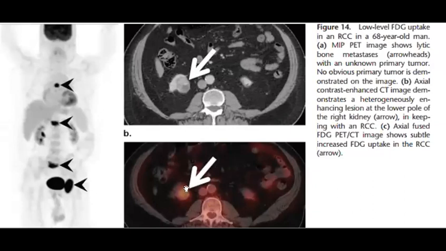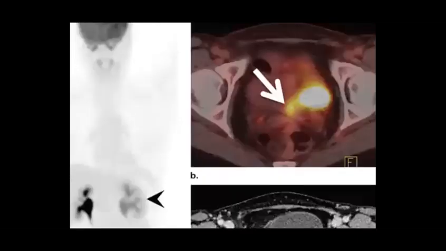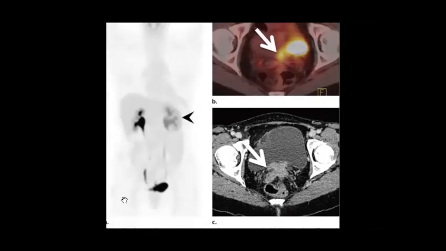But you can say low grade uptake, and in this case the renal cell carcinoma is the cause. Okay, I just want to show you different types of tumors, how they look and how you can make the interpretation. I hope that you are enjoying this type of question.